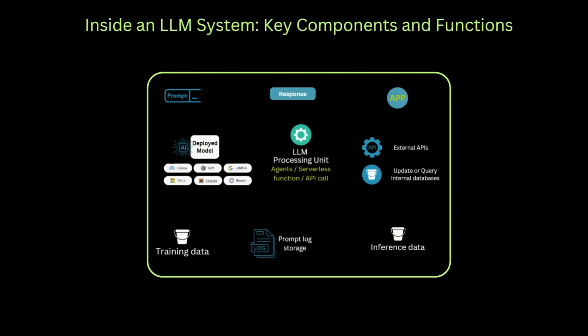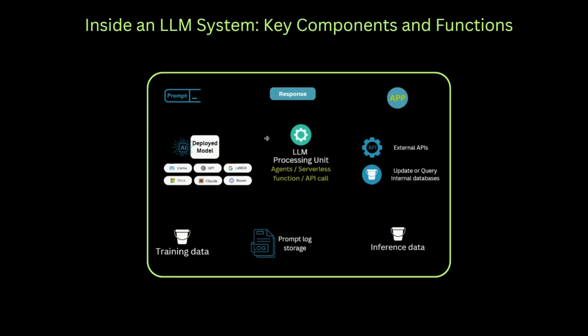Before we dive into the attack surface of large language models, it is important first to understand their internal architecture. Just like traditional IT systems, such as a web server that consists of key components like databases, APIs, and user interfaces, an LLM system is also made up of various interconnected components that work together to process user input and generate responses.